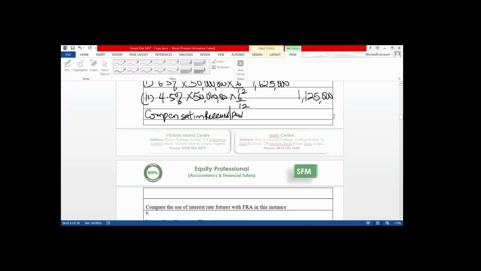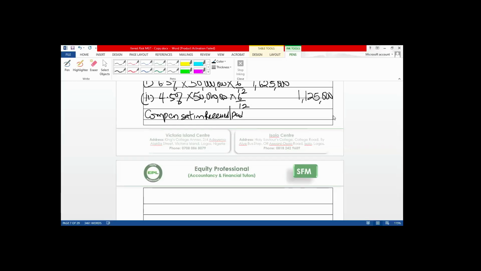Because I'm supposed to pay 5.94%. I paid 6.5%. Then I must get compensation for this payment. Look at it here.